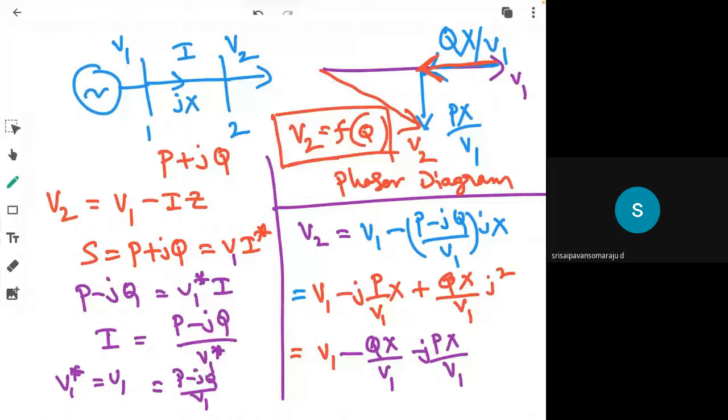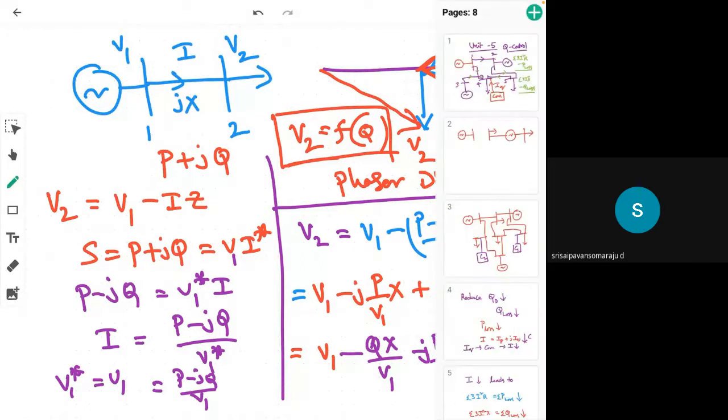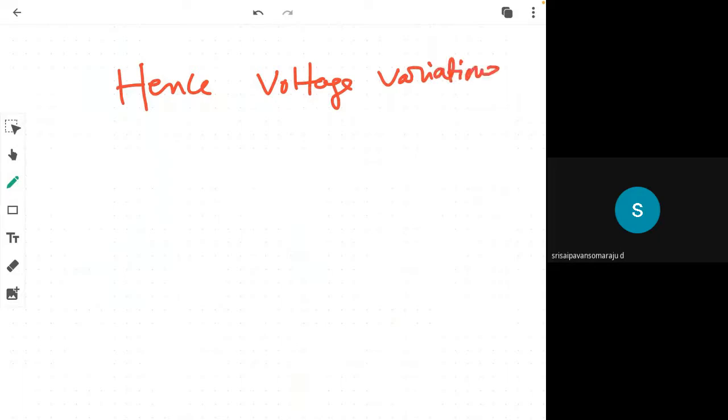So this is the relation between voltage and reactive power. Hence, voltage variations depend on reactive power variations.